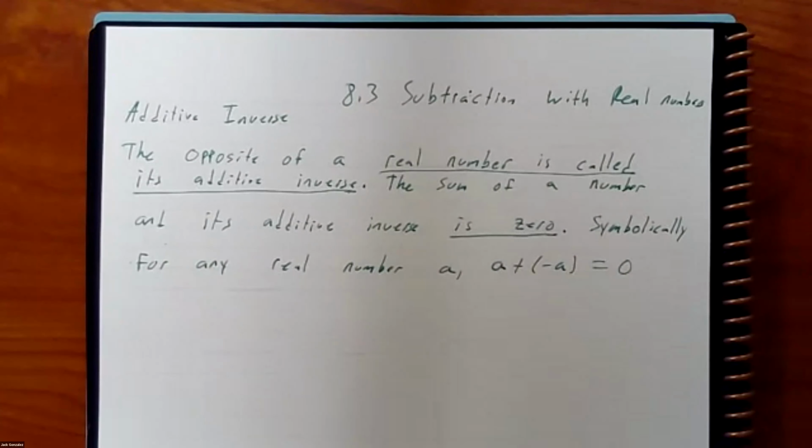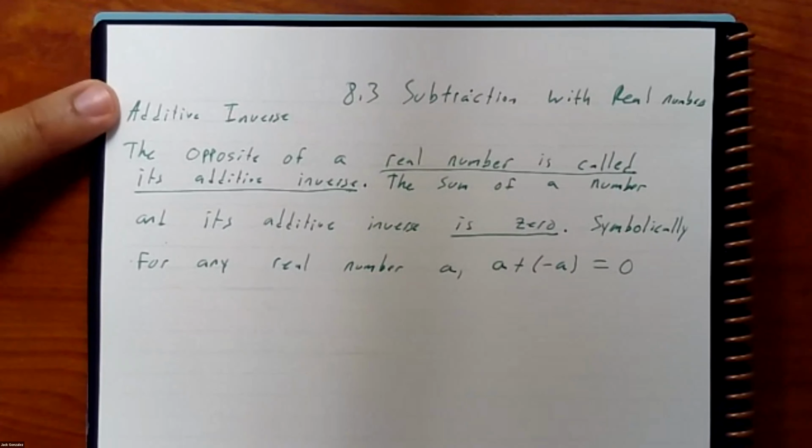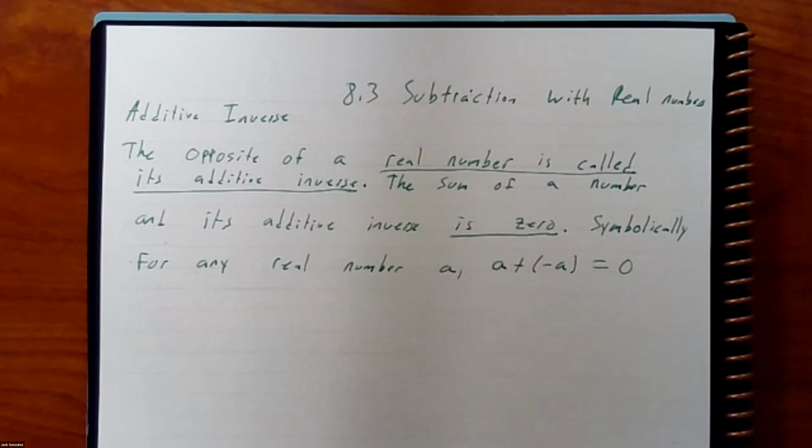That's all this is trying to tell you. So this definition basically says if you add something with its additive inverse, they cancel out. So 2 plus a negative 2 is 0. That's what this means. Okay, nothing crazy. This is the definition.